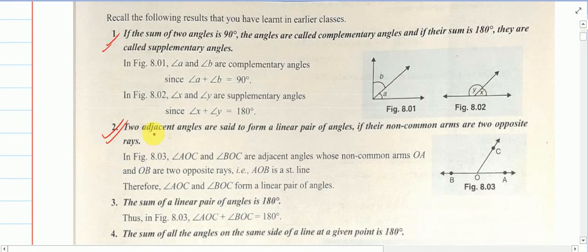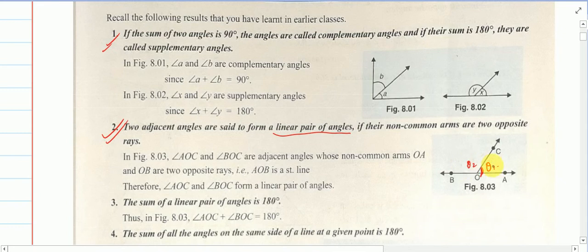Number two, two adjacent angles are said to form a linear pair of angles if their non-common arms are two opposite rays. Like here, let's say this is theta 1 and this is theta 2.